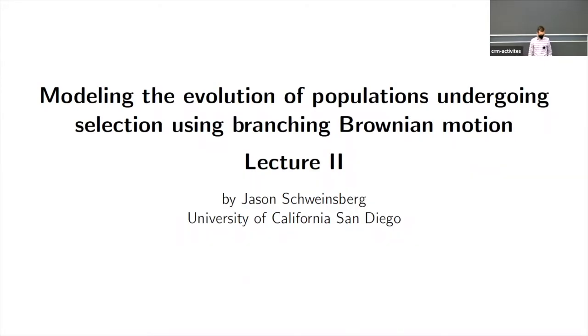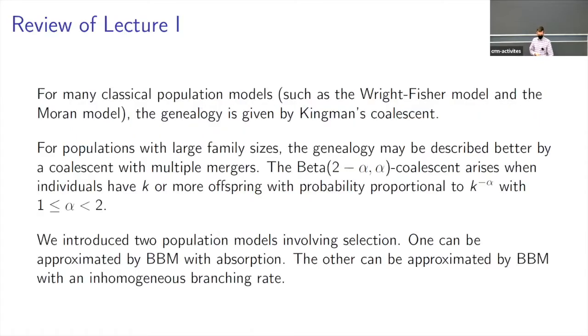Okay, thank you, and welcome to the second of 5 lectures on modeling the evolution of populations undergoing selection using branching Brownian motion. I want to begin with a very brief review of what we discussed in the first lecture. We introduced some classical population models, the Wright-Fisher model and the Moran model, and we showed that for such models, the genealogy was given by a process called Kingman's coalescent, where only 2 lineages merge at a time.